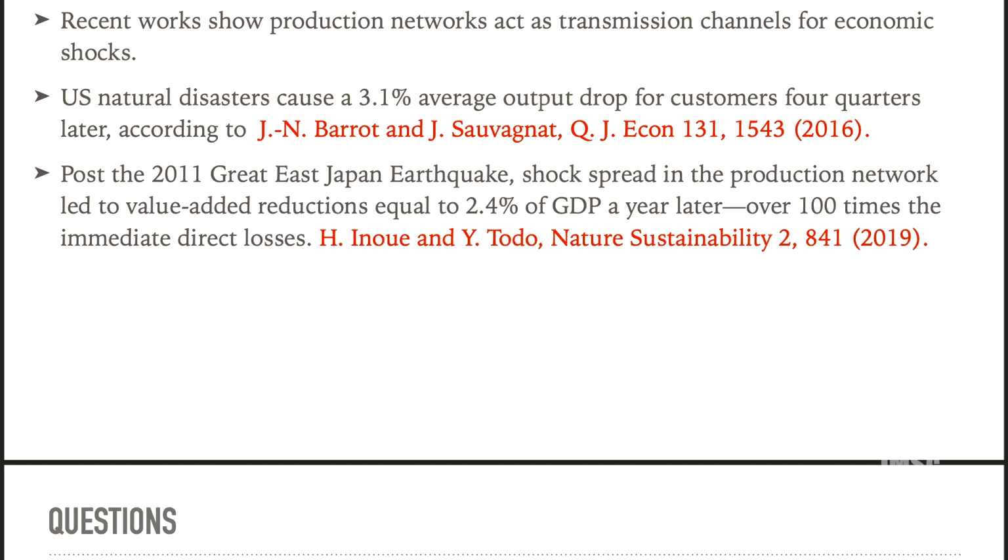They also estimated the indirect impact of the Japanese earthquake: a year later, it had reduced GDP by 2.5%, which was 100 times the immediate direct losses. So there could be indirect and long-term losses due to interruptions in supply chain networks.